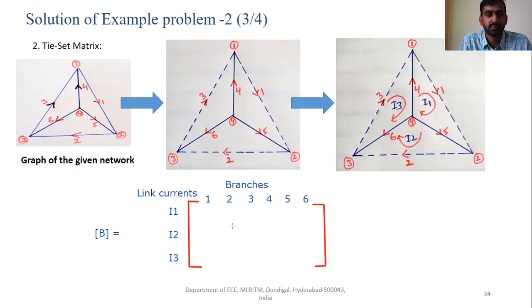Now look here. With respect to loop 1, that current is I1. In this loop, what are the branches? 1, 4 and 5 are there. The remaining branches are not coming in this particular loop, so the element is going to be equal to 0.